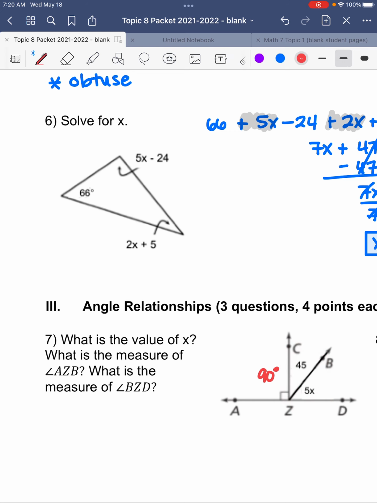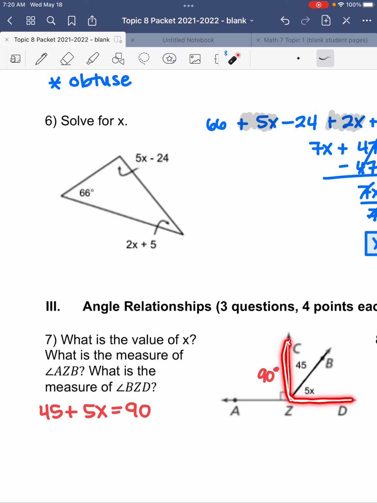Yes, I can. So that would look like 45 plus 5x equals 90. Because like I said, we know that these 2 angles have to add up to 90 degrees. They have to be complementary, right?